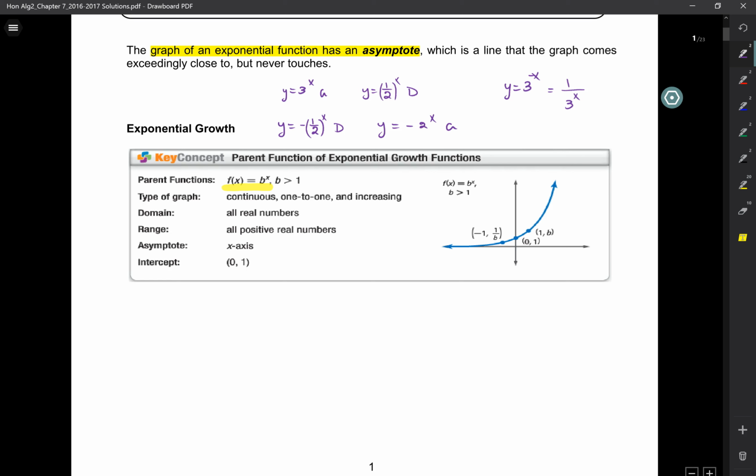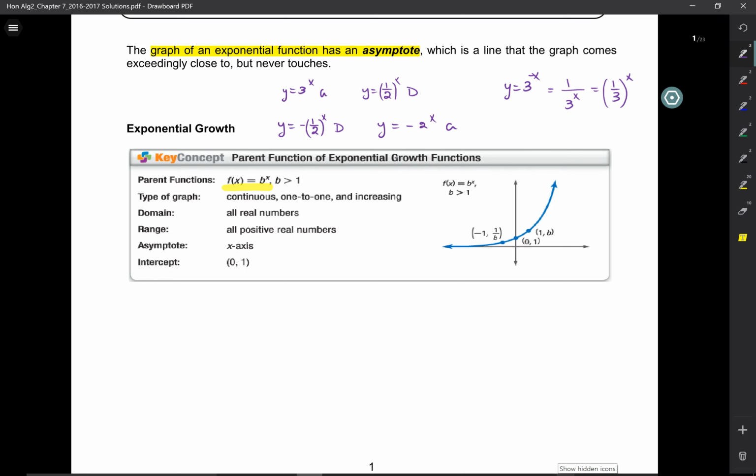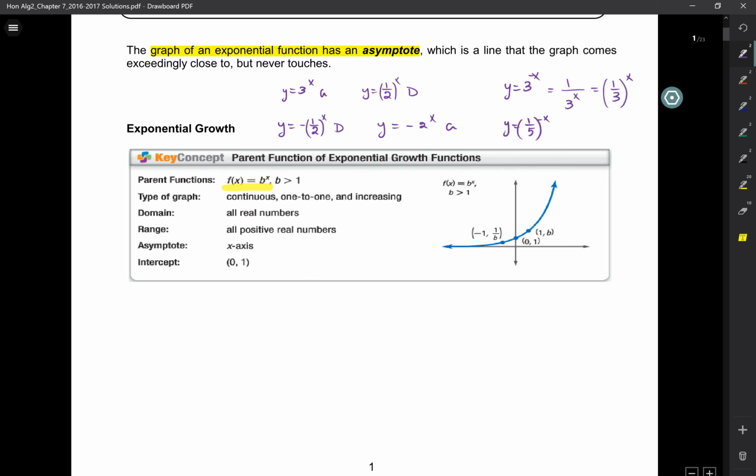So now that's decay, right? So the negative, you have to sort of reconsider. So what if I have 1 over 5 to the negative x? This is growth, right? Because it'll be 5 to the x, so it's growth.